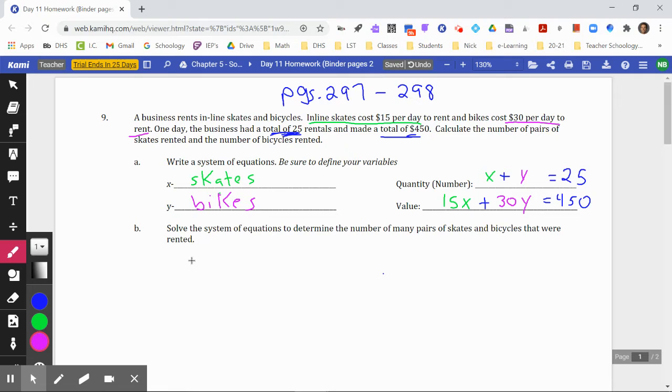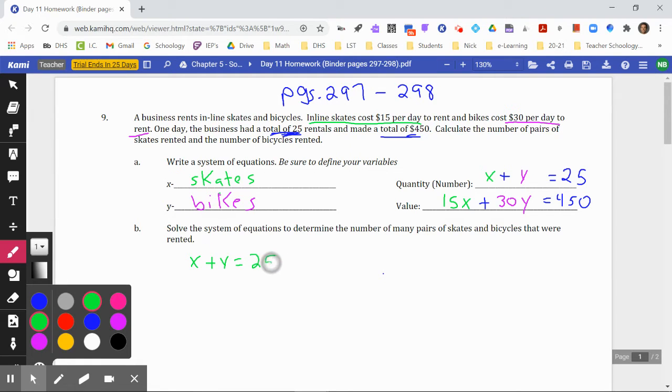So I'm just going to rewrite my equations below here. We have X plus Y equals 25, and we have 15X plus 30Y is equal to 450.